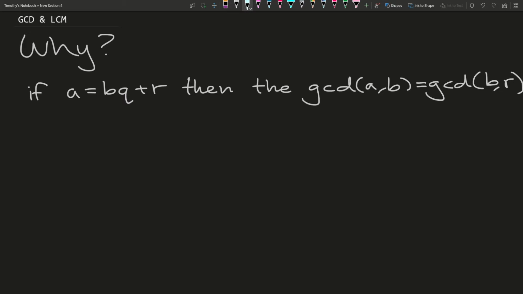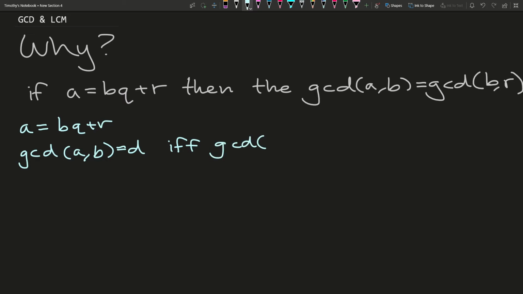We're just going to start off the proof, and this is going to be a pretty quick proof. If you're not really interested in it, it's not going to be too rigorous. So we're going to start off, once again, with A is equal to BQ plus R. And we want to say that the GCD between A and B is equal to D if and only if the GCD of B and R is also equal to D. That's pretty much our claim.